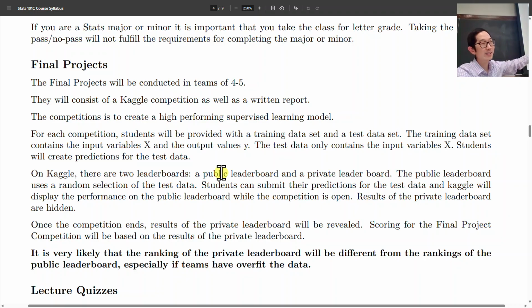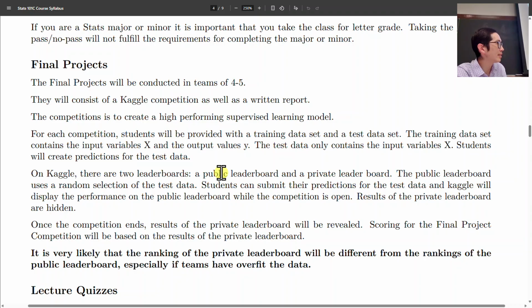The testing data is kept hidden and secret, including the responses to the test. So this is all going to be supervised learning. You fit your models, you make predictions, and then you get evaluated on the accuracy of your predictions. And it will be ranked, and so that will be the final project.